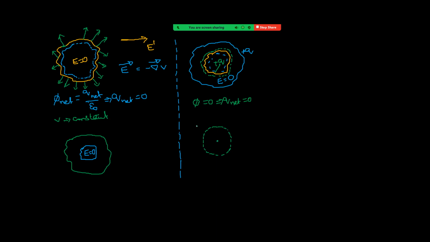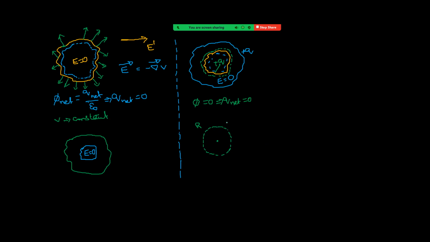Let us take radius equal to r. Assume there is no electric field in this space. Initially, no electric field in this space. Now, the distribution of charge.